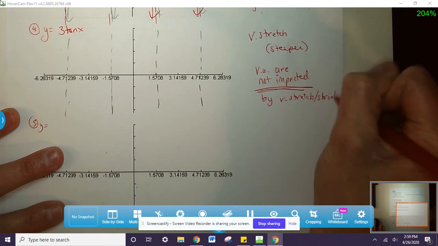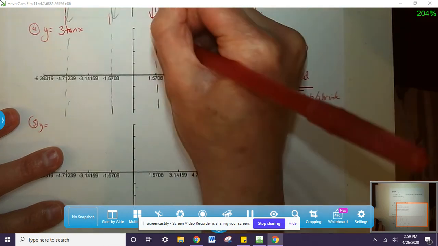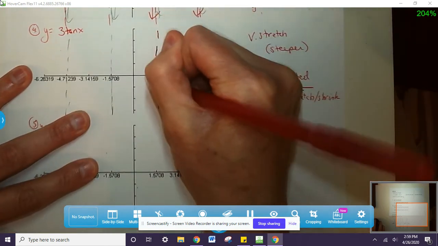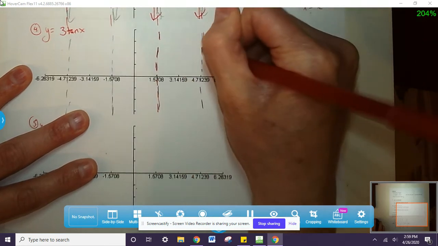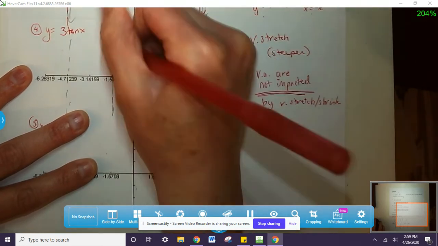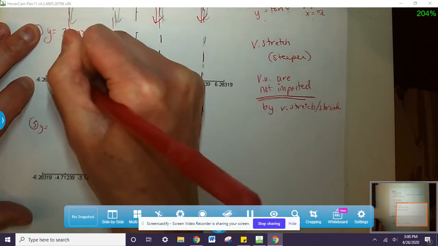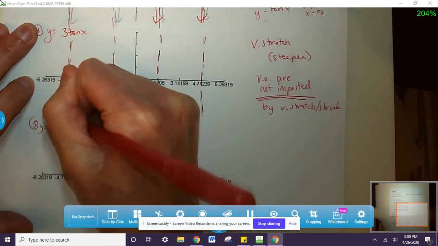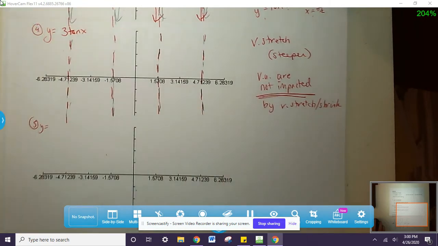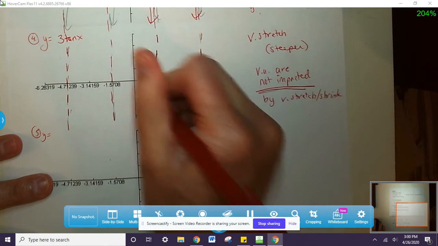So the graph will get steeper, but it'll be steeper within the same bounds of those asymptotes. So asymptotes are going to stay in the same spot. Use that ruler, or you can use a note card or any straight edge if you're having trouble making those lines look vertical. And the x-intercepts are going to stay the same as well.